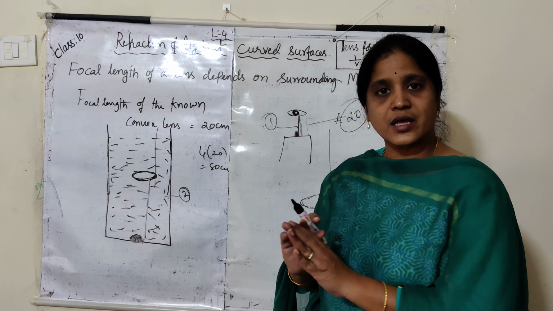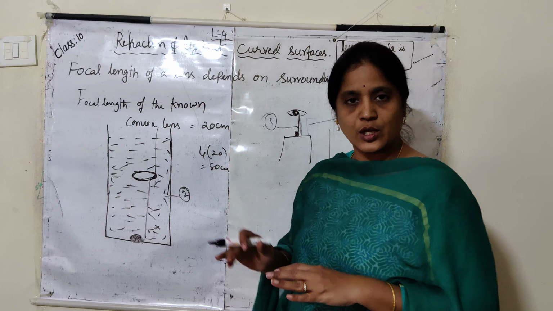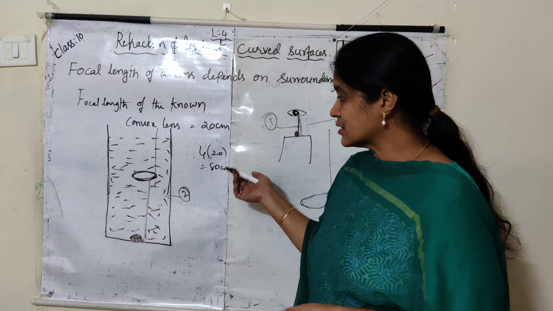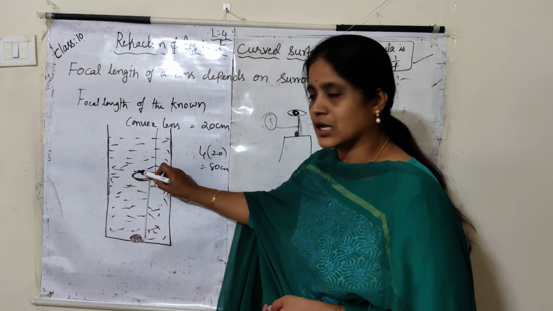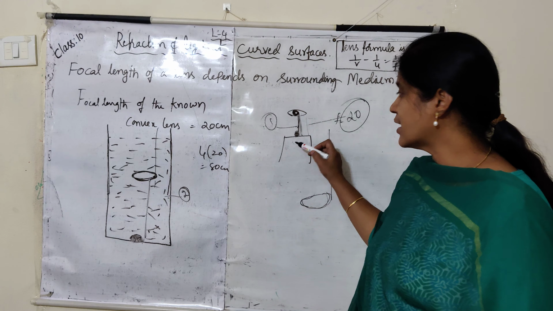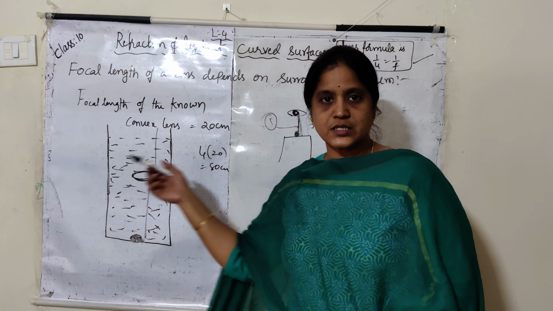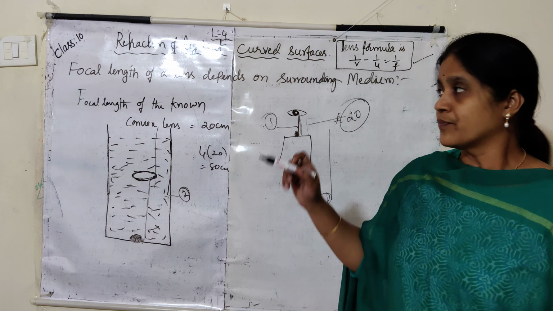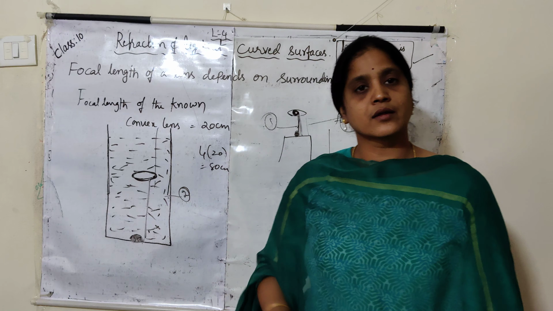You are using the same lens and did not change anything, but we get different values because the focal length of the lens is different in different media. So from this activity we can say that the focal length of the lens depends on the surrounding medium.